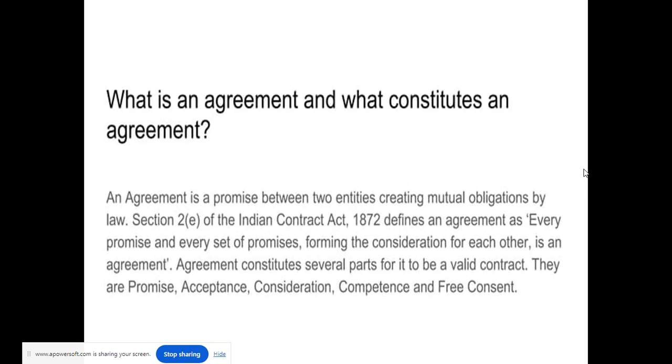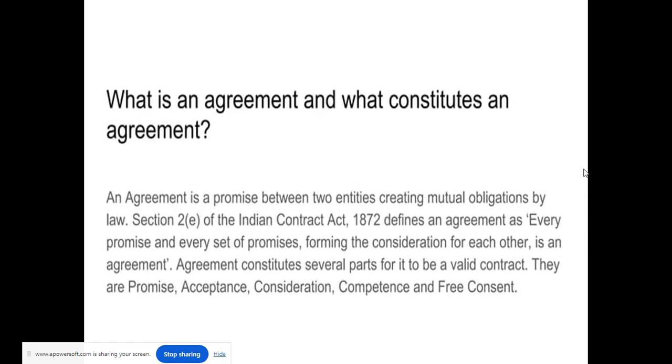Now what is an agreement? According to Section 2(e), every promise and every set of promises forming the consideration for each other is an agreement.